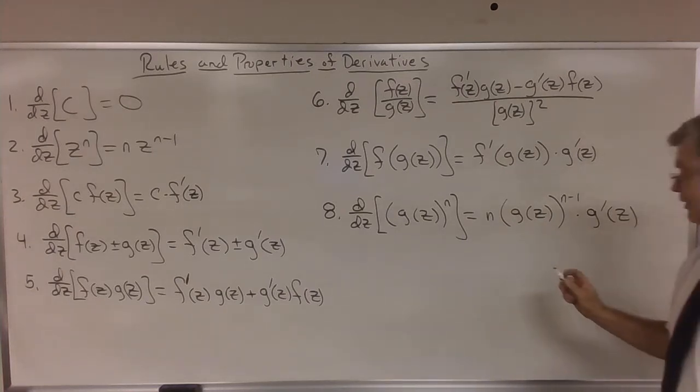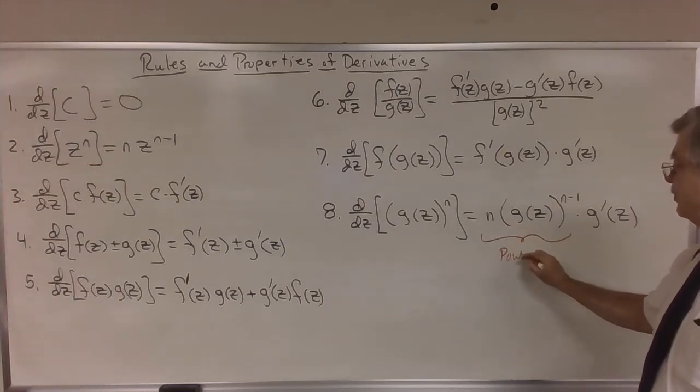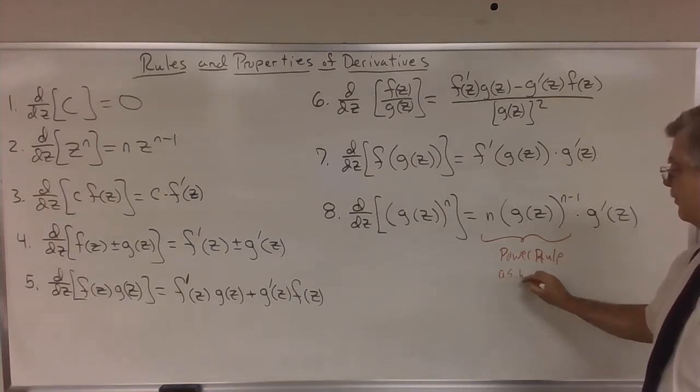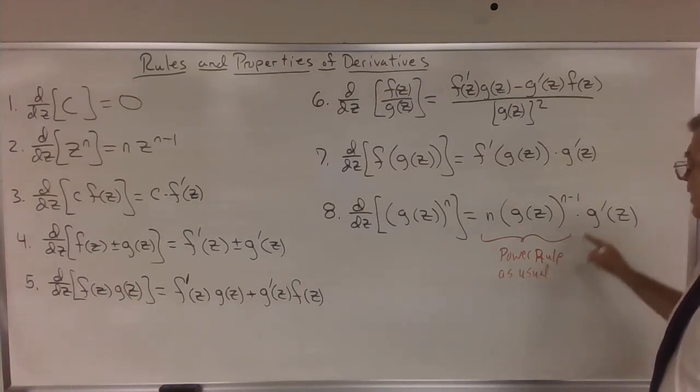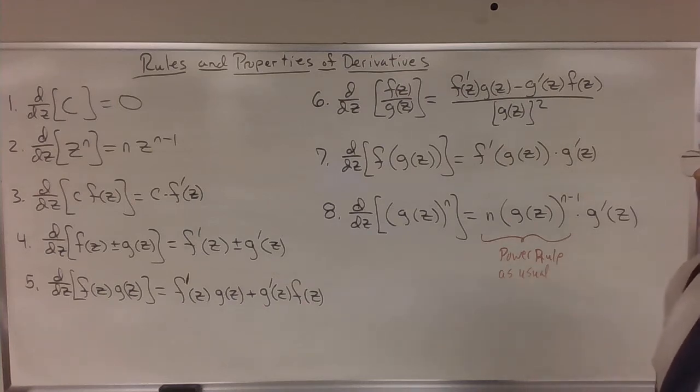Or if you want, you can just do this and say power rule as usual, times the derivative of the inner function. Bottom line, all of the derivative rules that we know from calculus essentially hold in complex analysis.